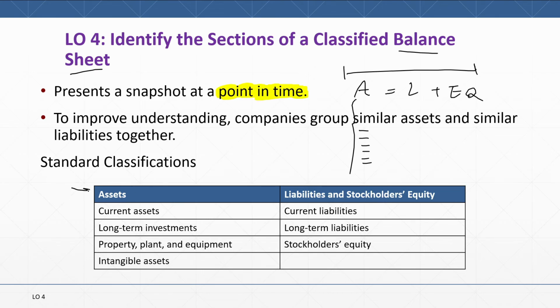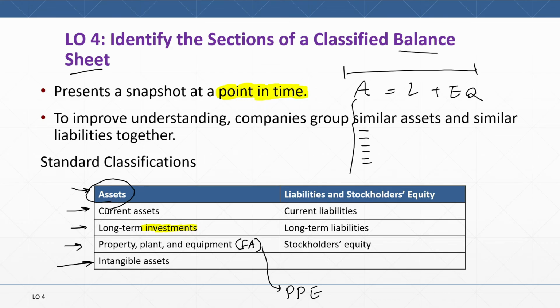For example, assets can be categorized or classified as current assets, long-term investments, fixed assets, or property, plant, and equipment, also known as PP&E, also known as long-lived assets, as well as finally intangible assets. So these are common categories under the asset section.